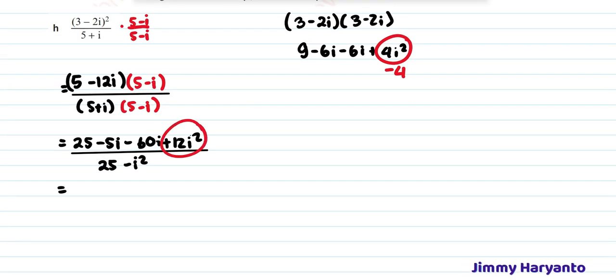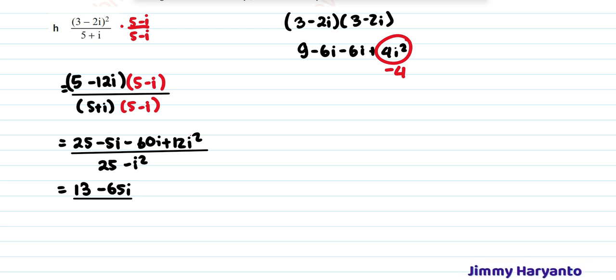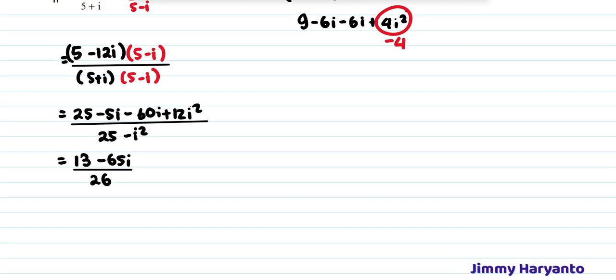This one will become negative 12, so 25 minus 12 is 13, minus 65i over, this one is 25 plus 1, so 26. I think we cannot simplify this. Oh, we can divide them all by 13, so 1 minus 5i over 2. So this is the final answer.